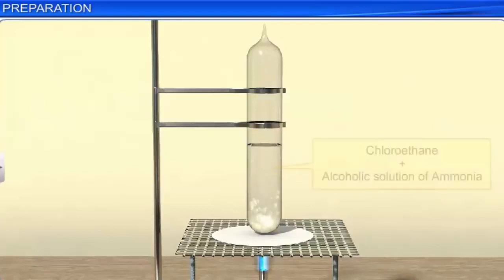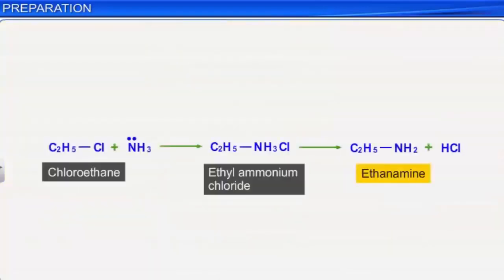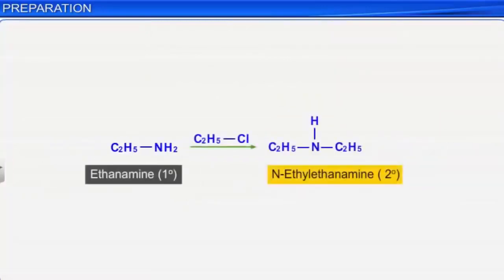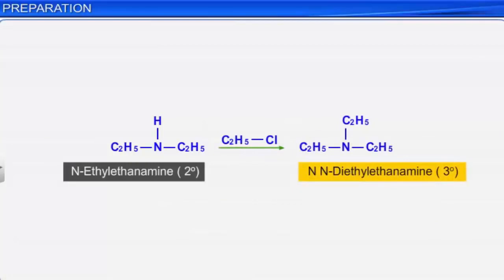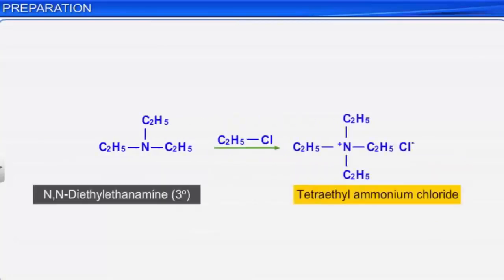For example, when a mixture of chloroethane and alcoholic solution of ammonia is heated in a sealed tube at 373 Kelvin, a mixture of ethanamine, N-ethylethanamine, N,N-diethylethanamine, and tetraethyl ammonium chloride salt is produced.